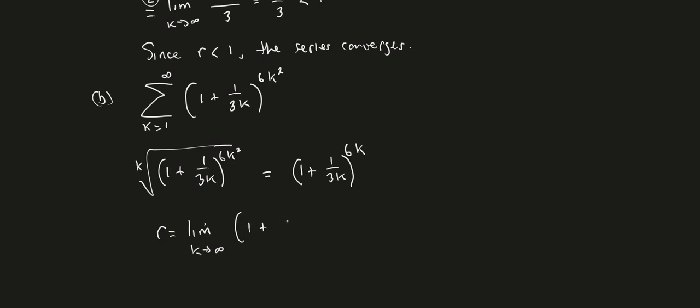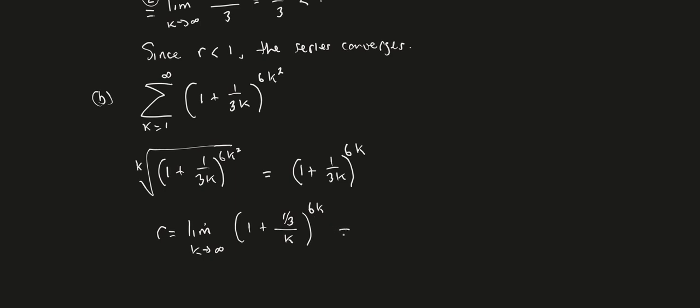But in order to use that formula, I need to make sure that I only have a k in the denominator here. So I'm going to write 1 over the quantity 3k. It's the same as 1/3 divided by k. Just think about how you manipulate this fraction. You can see that these two are going to be the same, and then the 6k stays.